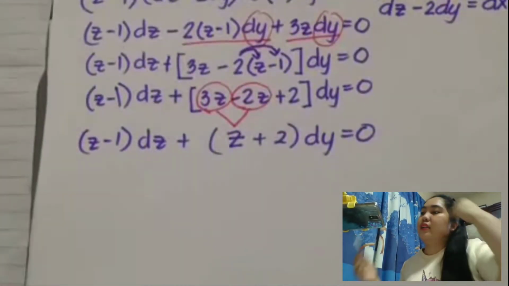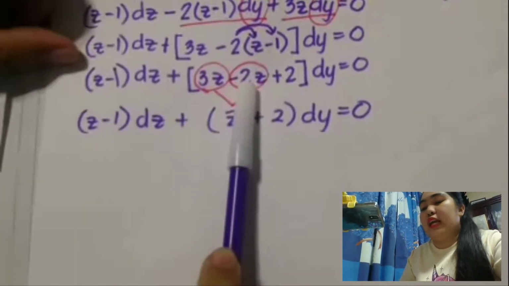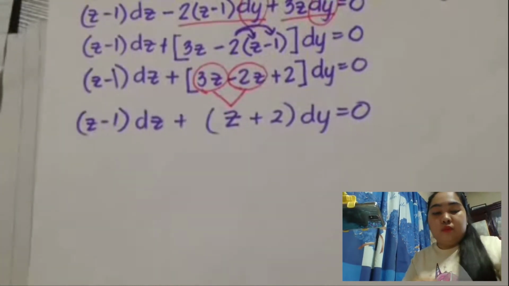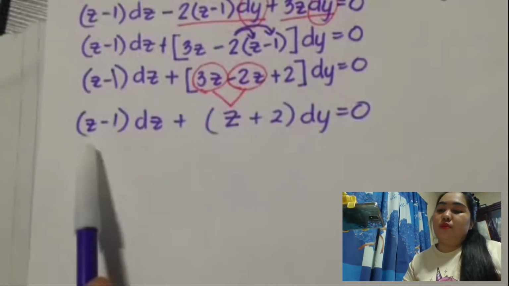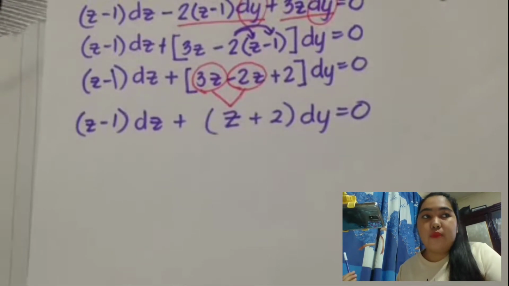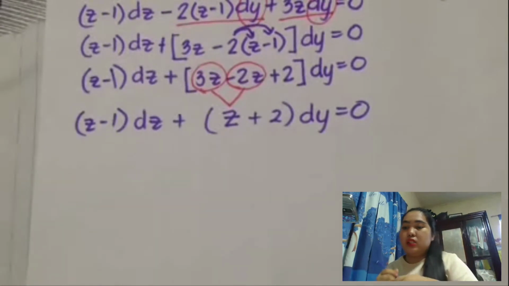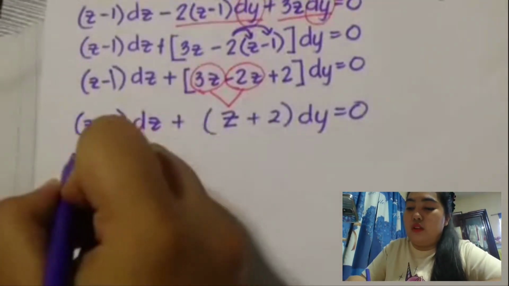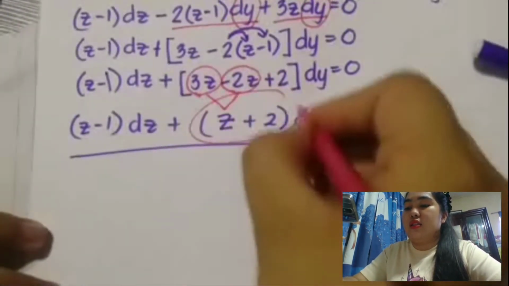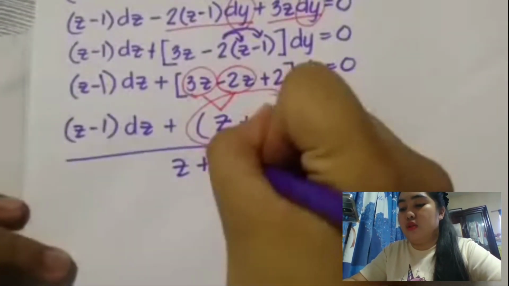So ang makukuha na natin kanina, diba, pinag-combine na natin itong dalawang like terms. So, 3 minus 2 is z. So, kung makikita nyo, yung equation natin ngayon ay separable differential equation na. So, pwede natin siyang i-divide both sides. So, we can divide both sides by z + 2.